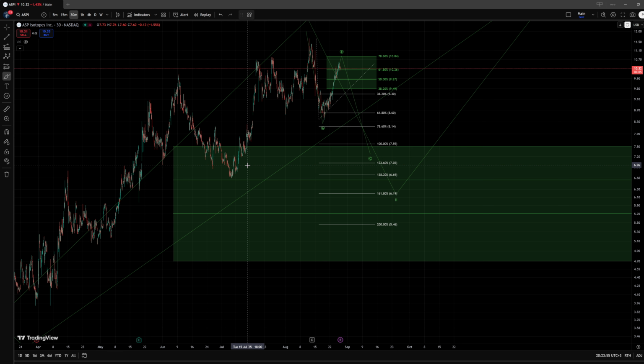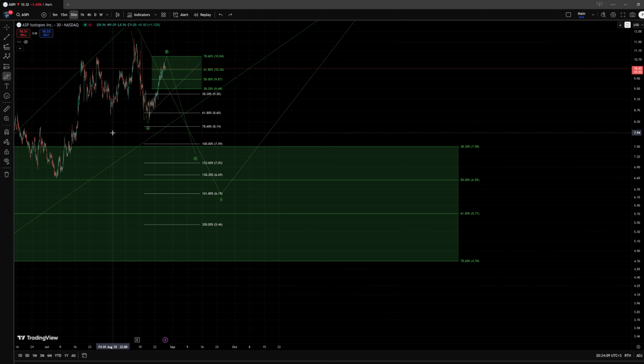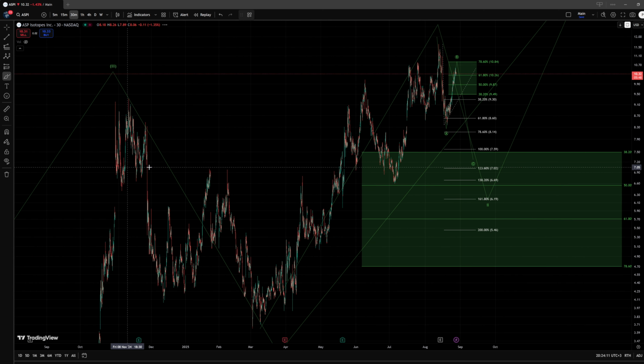But overall, we do have quite a strong support level at this area that I would expect to provide a decent reaction to the upside regardless. Not to mention we also have the 50% retracement level right below it. But even before, we have another level of support here, and I would also look at this area for price action support.